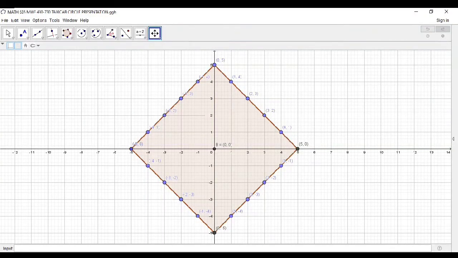There is also a circumference of 8 times the radius r. Therefore, 8 times the radius 5 is 40 units.